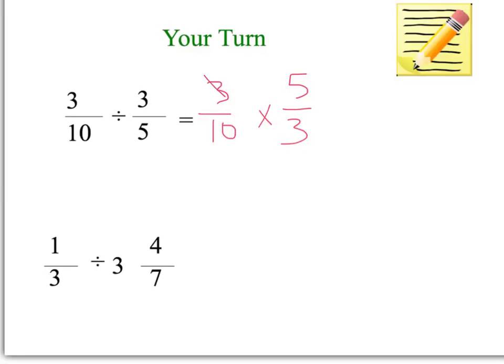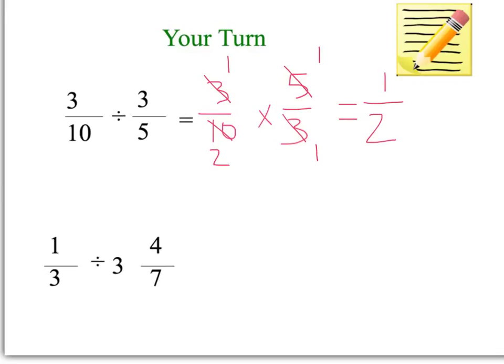So 3 1s are 3, 3 1s are 3, and then 5 into 5 is 1, 5 2s are 10. So this is the way I'm doing it. 1 times 1 is 1, 2 times 1 is 2. So there's a half, 3/5 in 3/10.